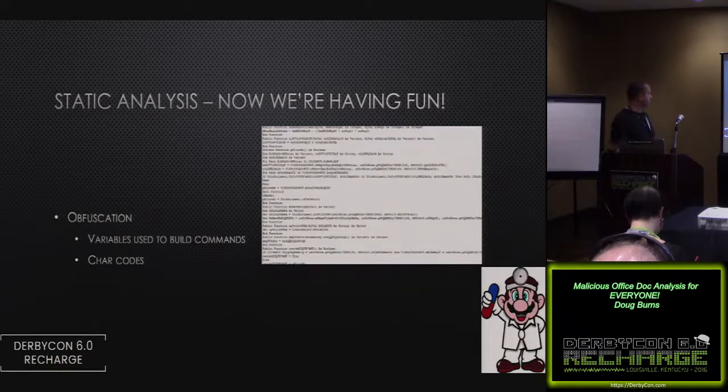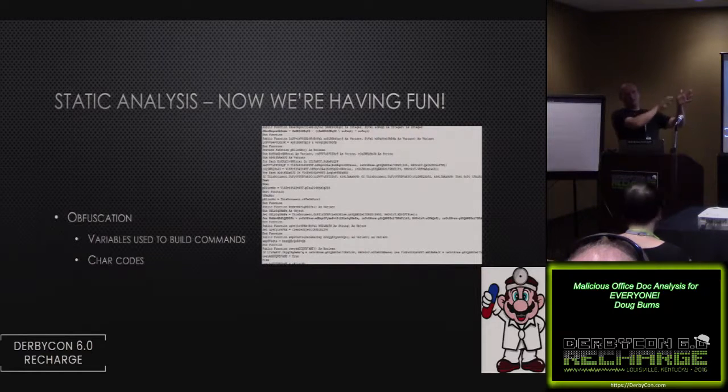So there are two main obfuscation techniques that I've seen in my experience. One that's very common is variables that are used to build commands. If you're not a programmer, a variable is essentially a box that contains something else. If I take the sentence "the hat is black," I could store "the" in the A variable, "hat" in the B variable, and "black" in the C variable, and then say A plus B plus C equals "the hat is black."